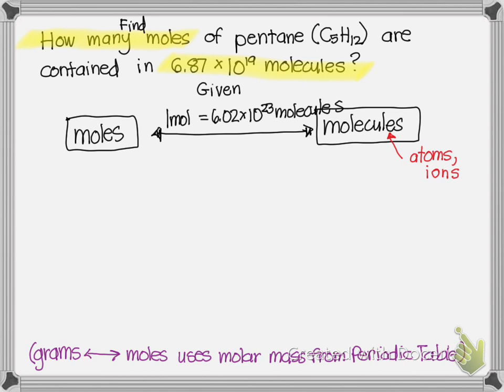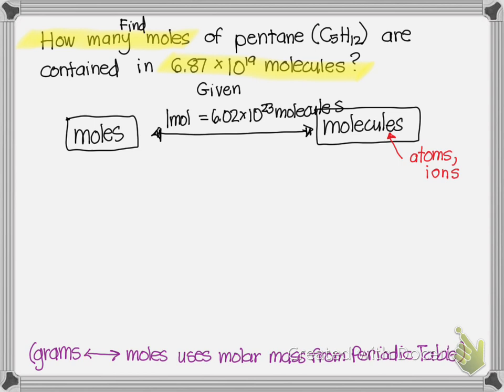So if I'm counting something small like molecules, atoms, or ions, it doesn't matter what substance it is, 1 mole of them would always contain 6.02 times 10 to the 23rd.